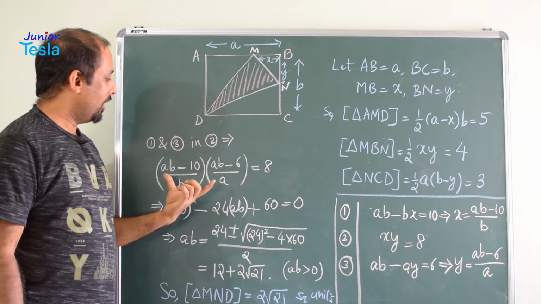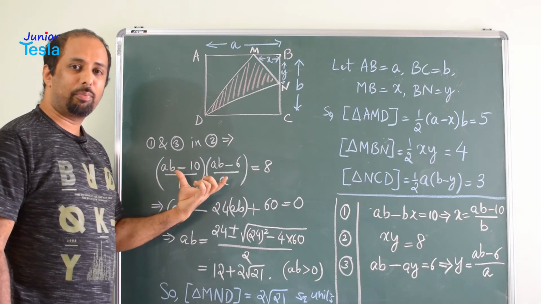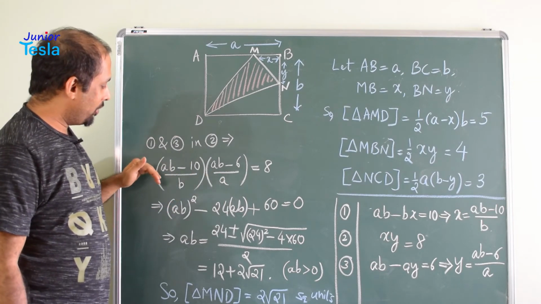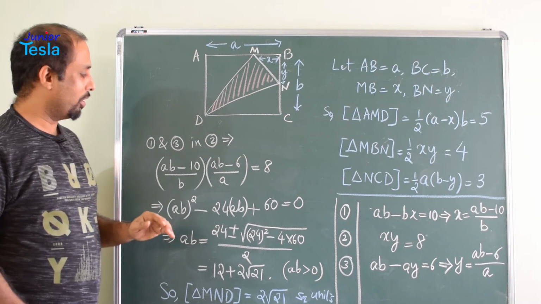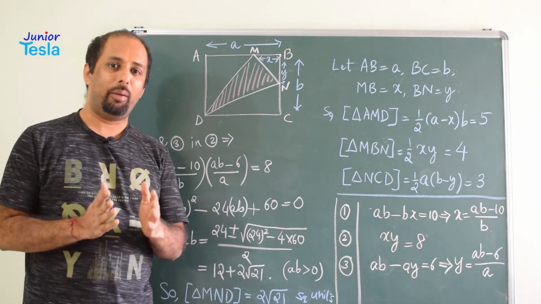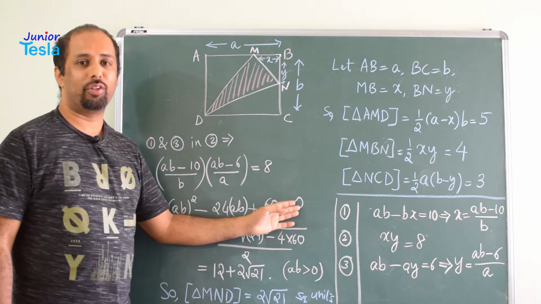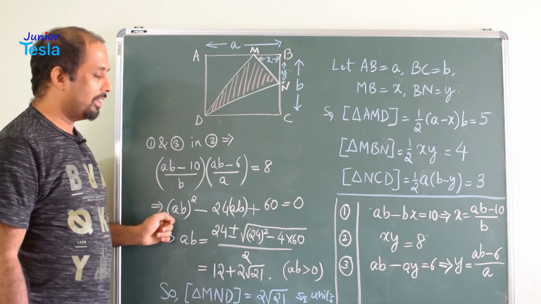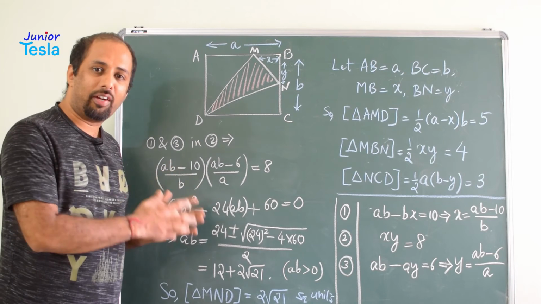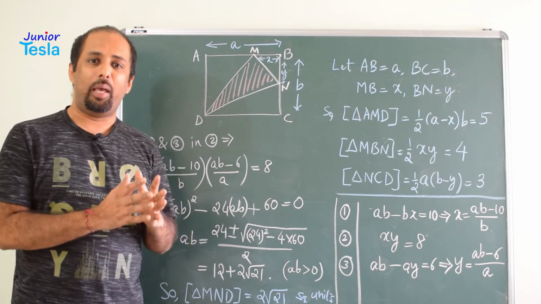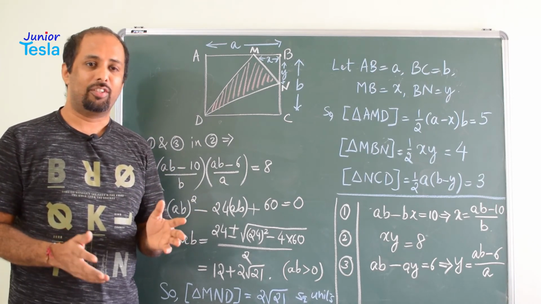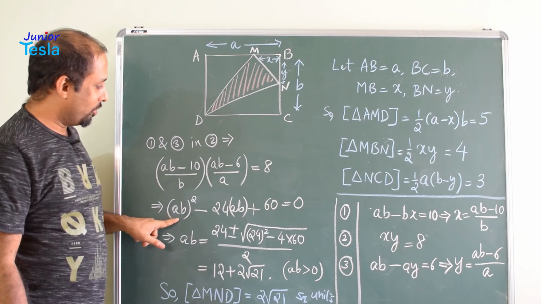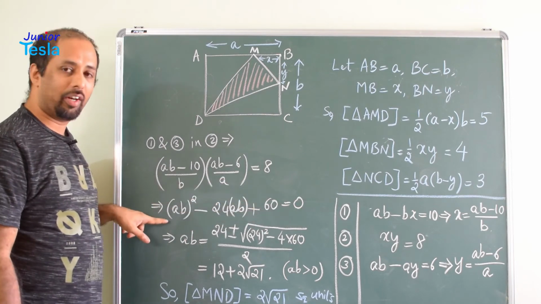Now this expression can be simplified. When you simplify it, you will get (ab) whole squared minus 24ab plus 60 equal to 0. This is simple algebra, but the speciality is that it is a quadratic equation with ab as the unknown. So this entire expression is in the form of a quadratic equation.